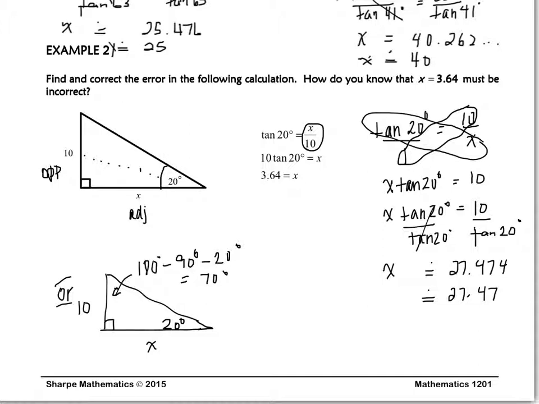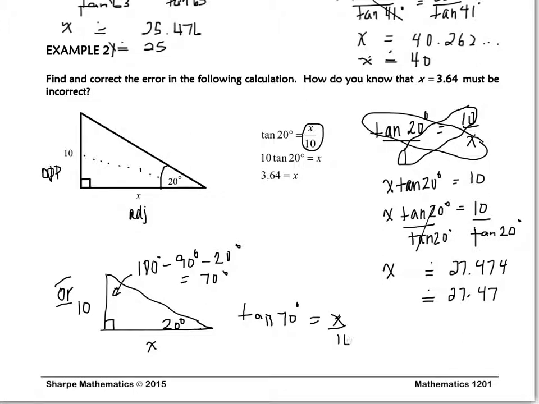So the other correction that would be acceptable for this particular problem would be to say, instead of 20, if they wanted to use the x over 10 ratio, they could have said tan of 70 is x over 10, not tan of 20.